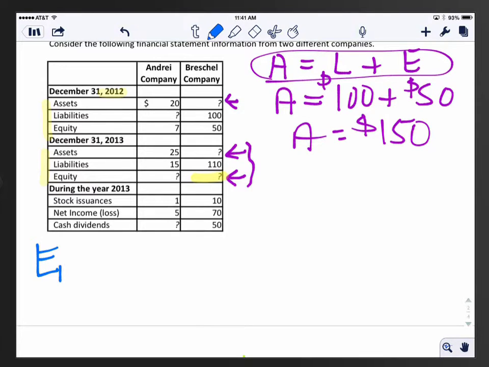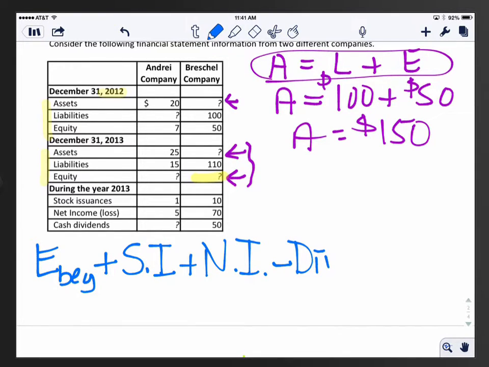Beginning equity plus stock issuances plus net income minus dividends equals ending equity. You may abbreviate it differently, that's fine, but you need to understand that set of relationships.